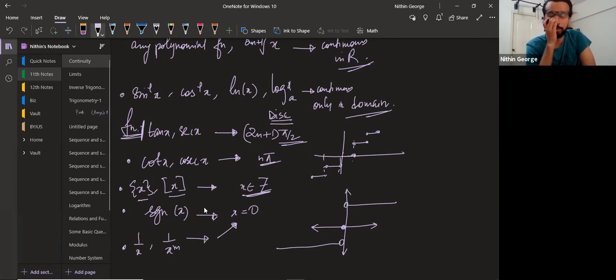One more thing I want you to note is that continuous plus or minus continuous function is also a continuous function. Continuous into continuous function is a continuous function.